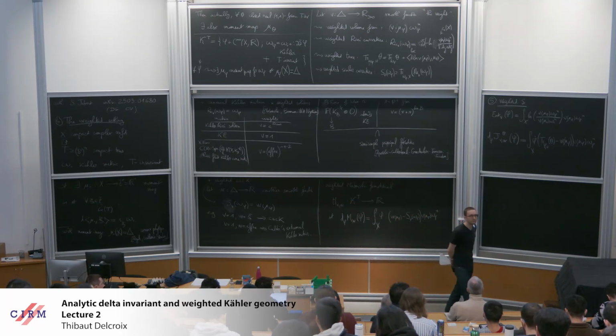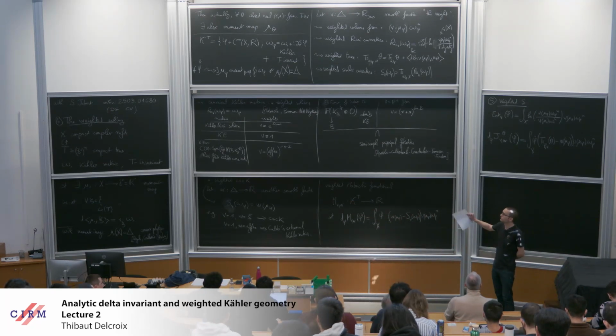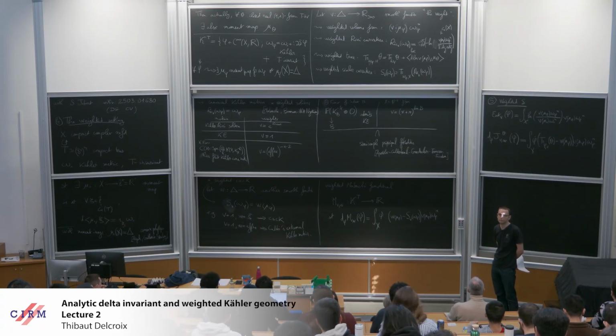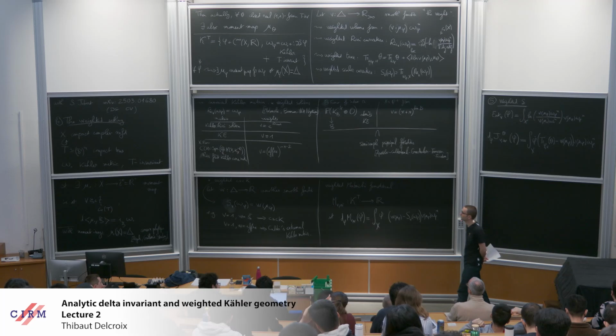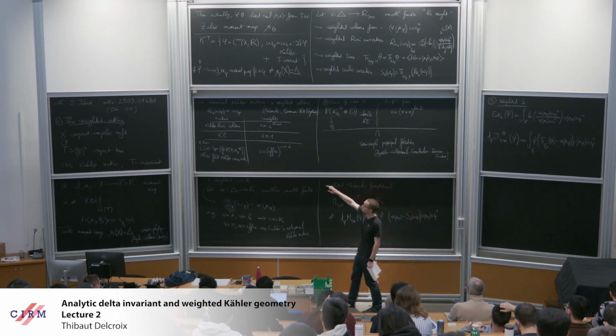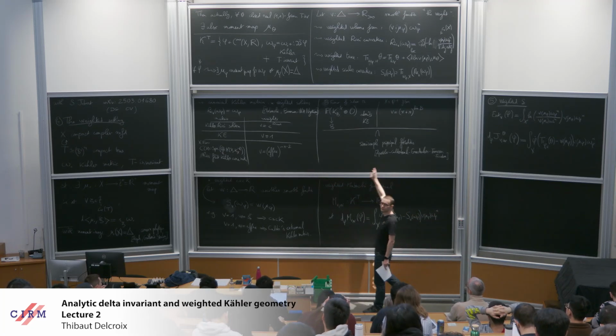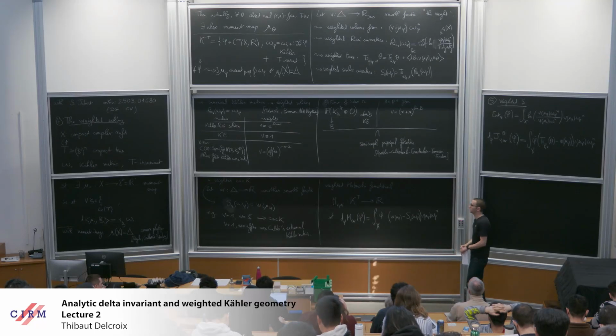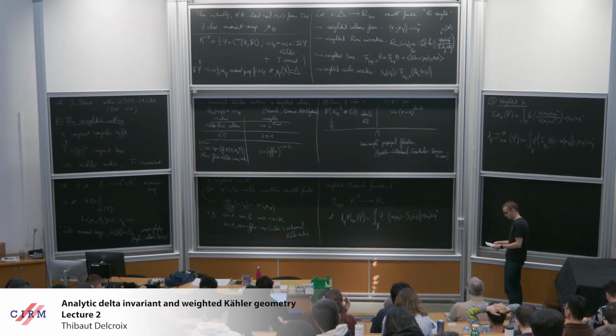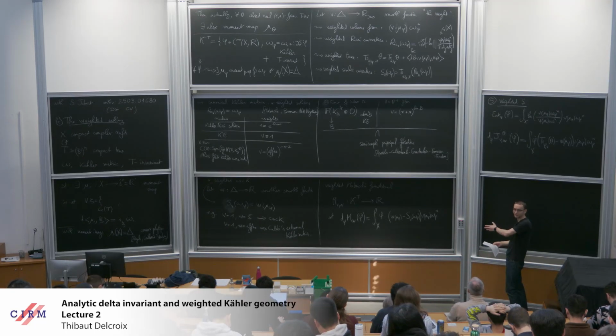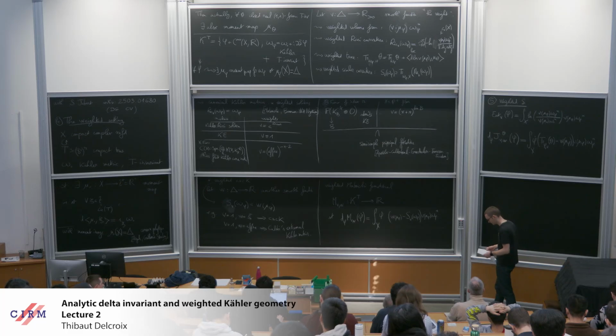There is no fundamental reason why we should consider weights with certain convexity properties. And the behavior is quite different between the two cases. That's a good question. This will come up later in the statements.